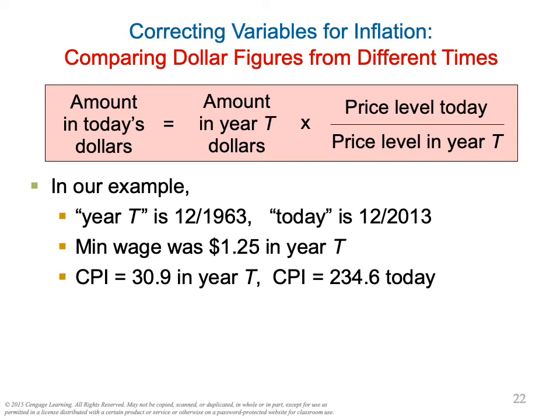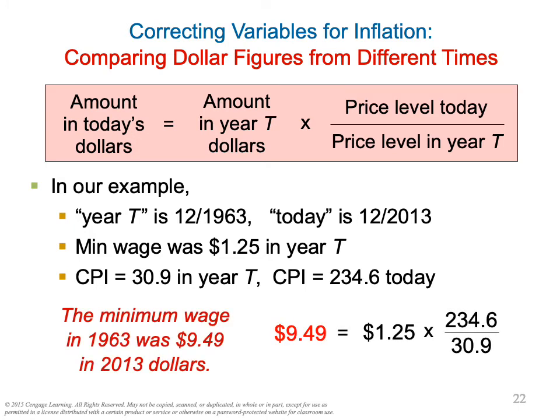And in this way, we will basically ignore the level of inflation that's taken place. All right, so what you should be doing is taking $1.25, multiplying it by the price level today, divided by the price level in year t. There you go.